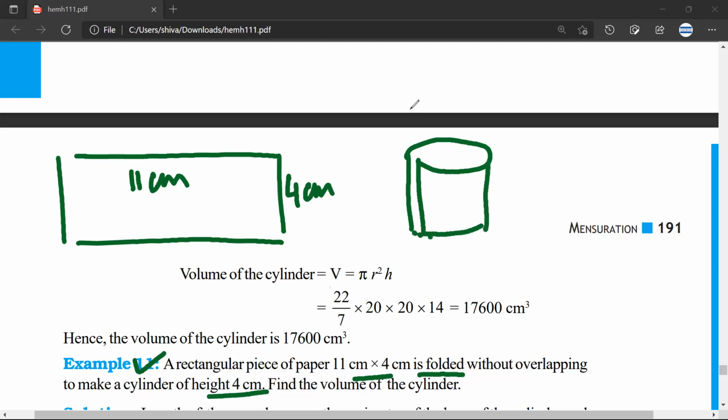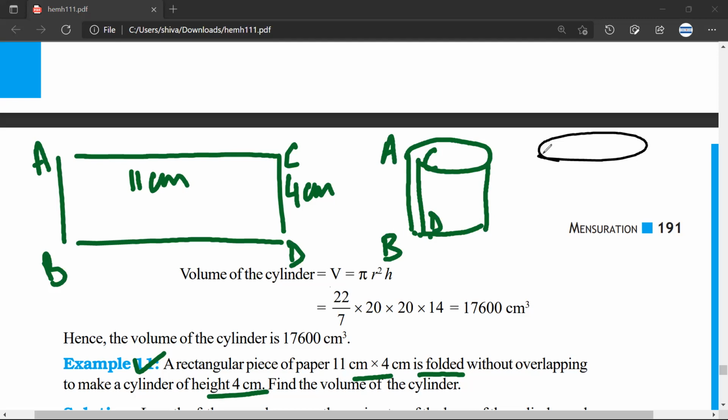Is it making sense? Of course, when you join the two ends together, A, B, C, D, this is how the cylinder will look like. Satya, have you understood? Yes, sir. Mr. Sarthak, any doubt? No, sir. Okay.